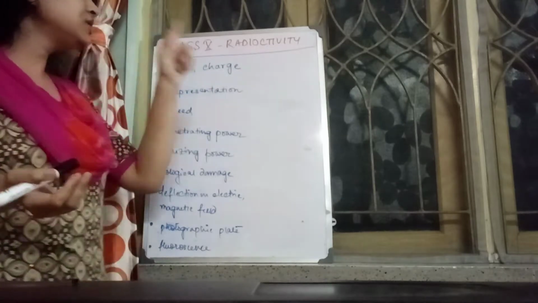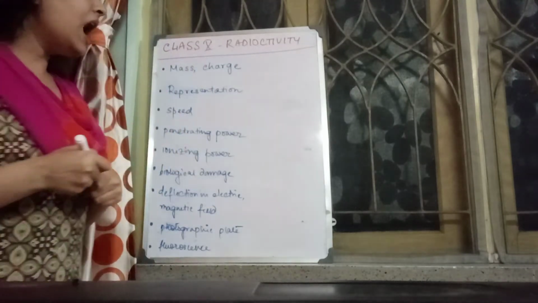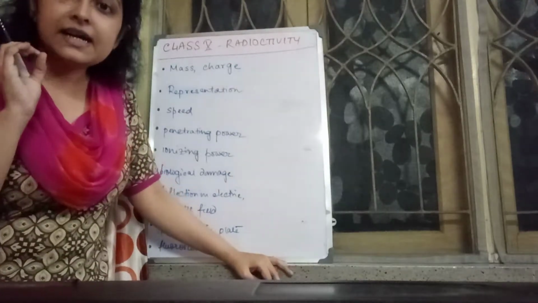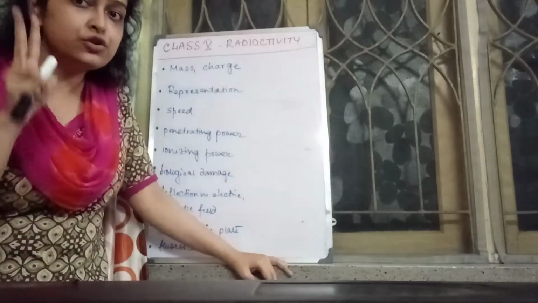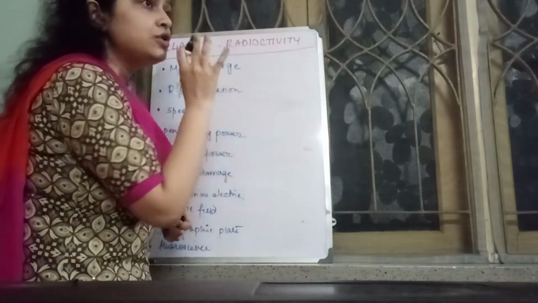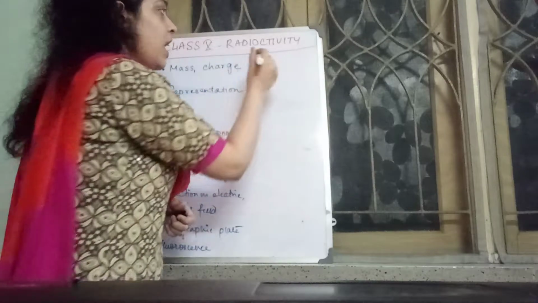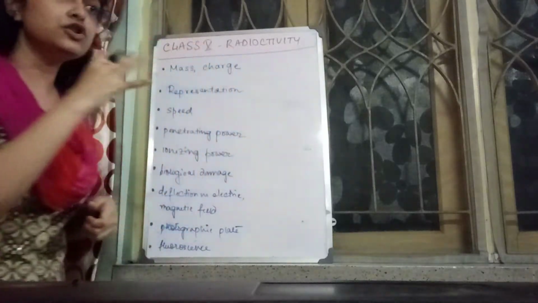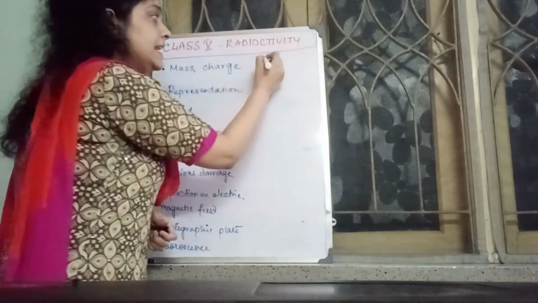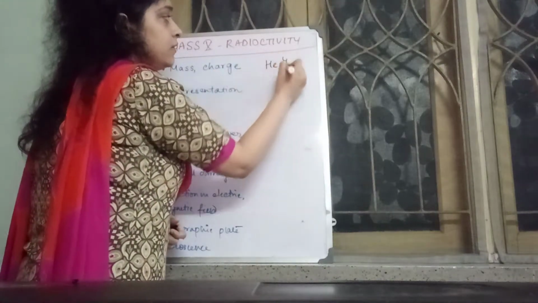First is mass and charge. An alpha particle contains 2 protons and 2 neutrons. So an alpha particle is similar to the nucleus of a helium atom. Helium atom, what do we know?